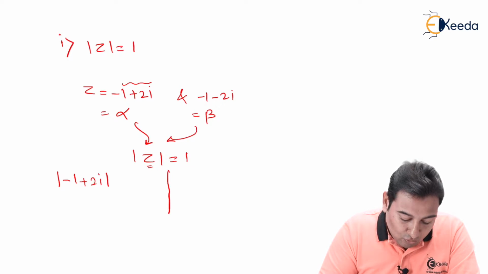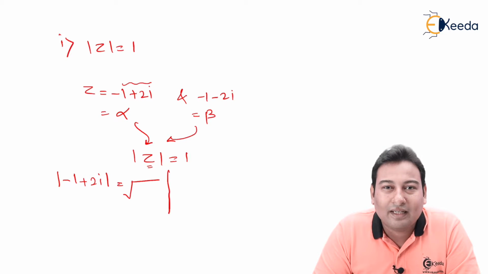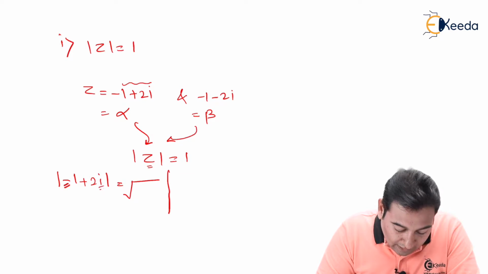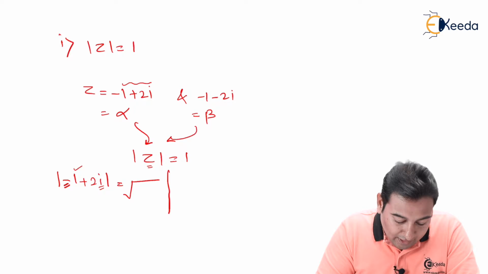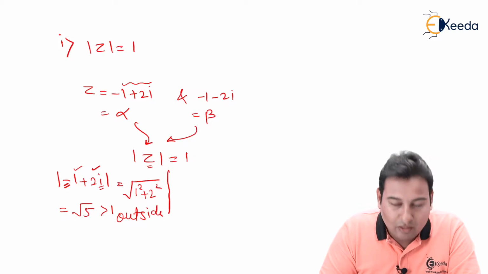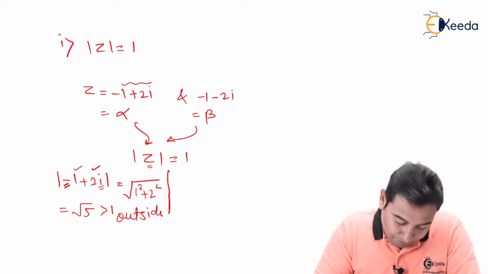So the modulus is the square root of real part square plus imaginary part square, and we don't consider the i. So we are left with 1 and 2: 1 square plus 2 square, so that is root 5, greater than 1. So this point is outside. We need not find residues here.